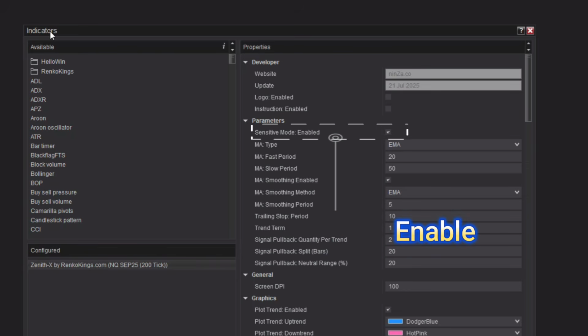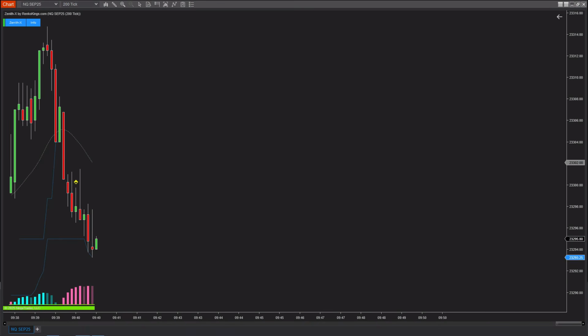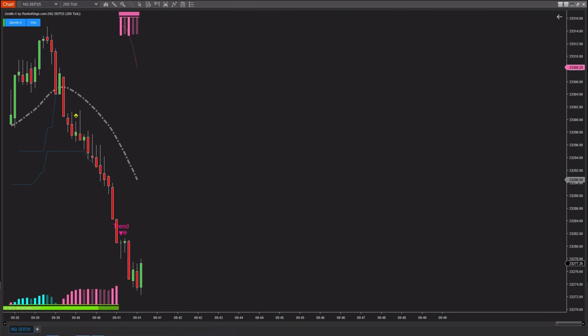When the system searches for trade signals, it is closely tied to the gray-colored MA displayed on the chart. This moving average plays a crucial role as a reference zone for identifying retracement phases, temporary pullbacks within a trend where valid trade signals are likely to emerge.